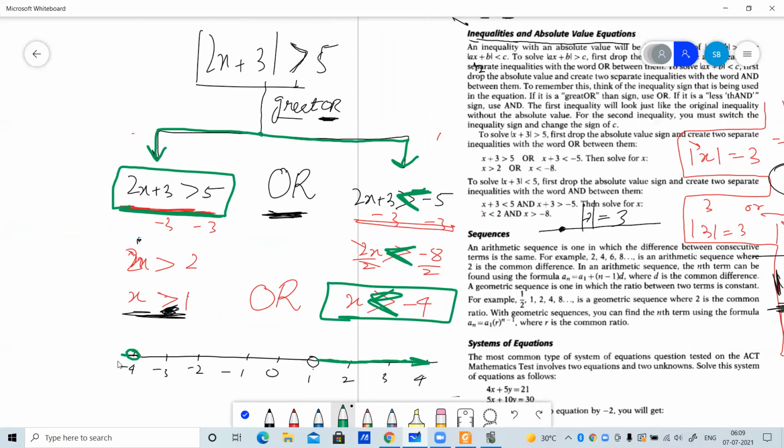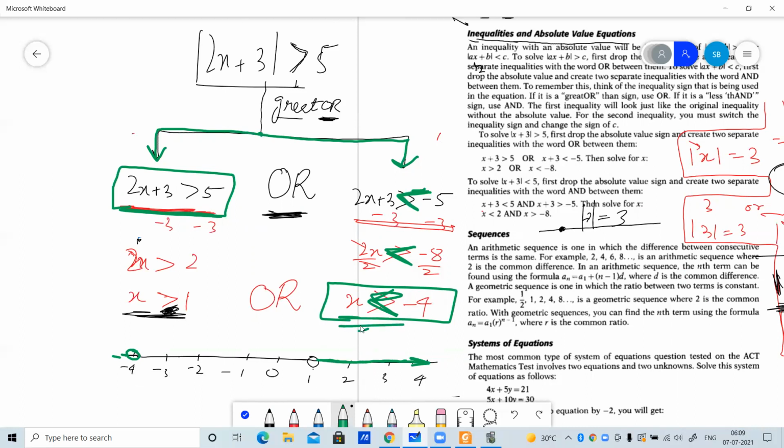Less than -4, right? So if you're going to the right, you are going to the bigger numbers. -3 is bigger than -4. -2 is bigger than -4.